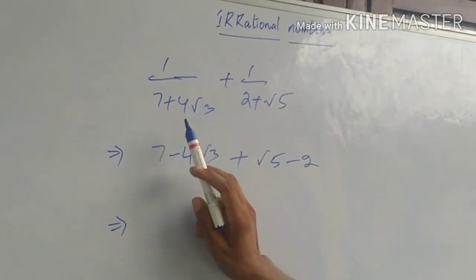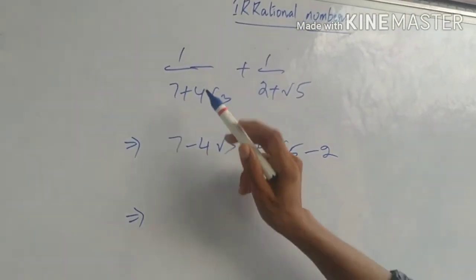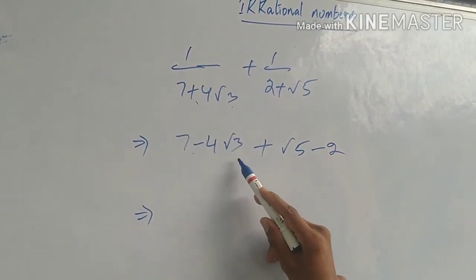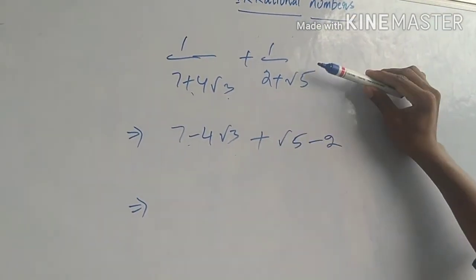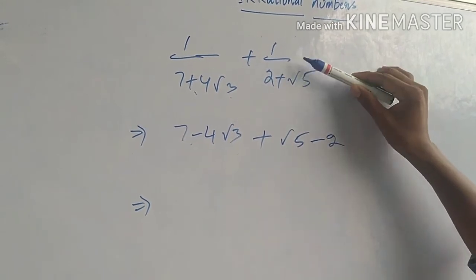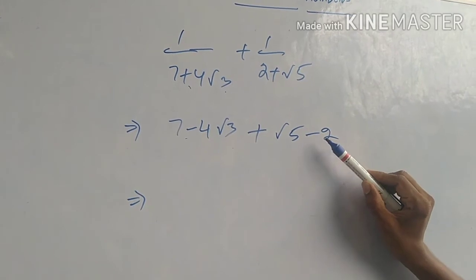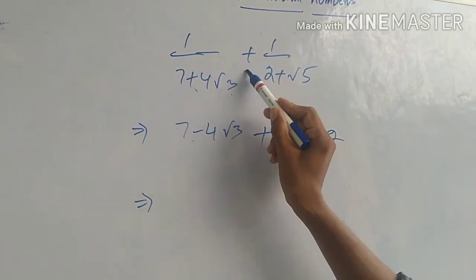So, after rationalizing the factor of 1 by 7 plus 4 root 3, the result is 7 minus 4 root 3. For the second term, also multiplying with the rationalizing factor, the result is root 5 minus 2. The combination is addition.